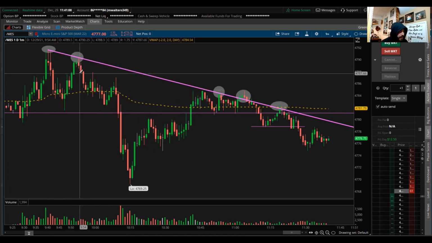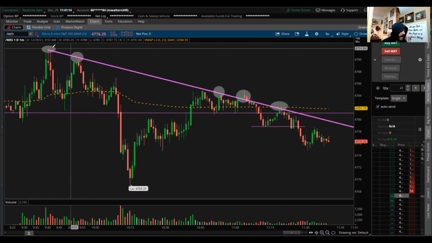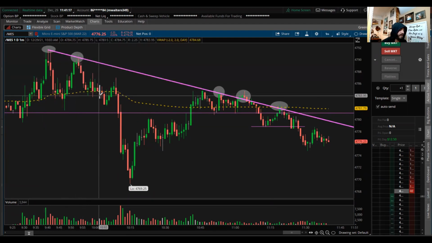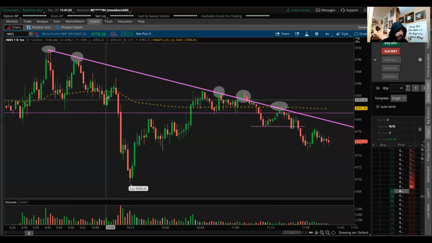The only problem is, once again, we could not make a higher high, rejected at this level, and then continued to sell off. Now, this is where it gets a little interesting and definitely a little choppy.